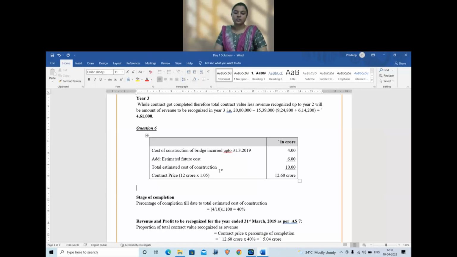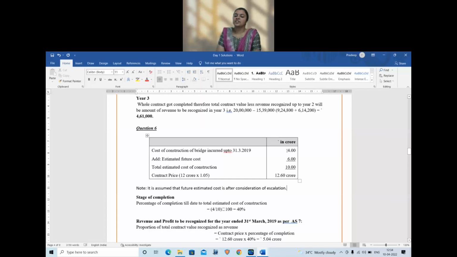For removal of confusion you can also write a note saying it is assumed that future estimated cost is after consideration of escalation.